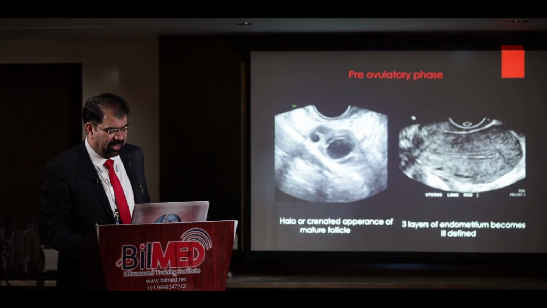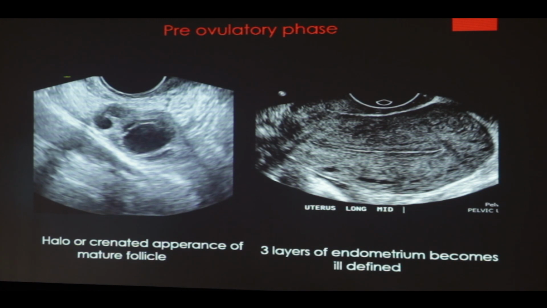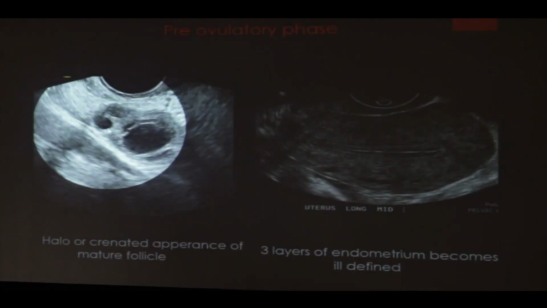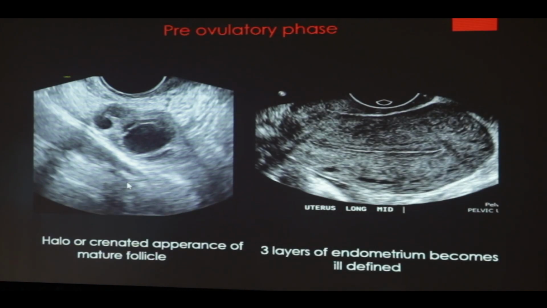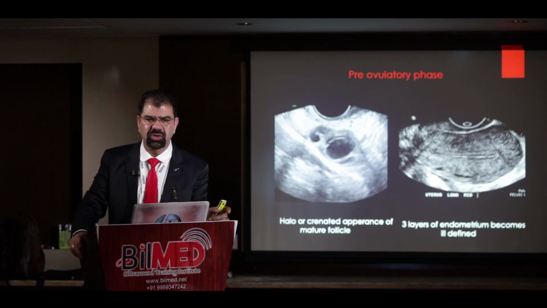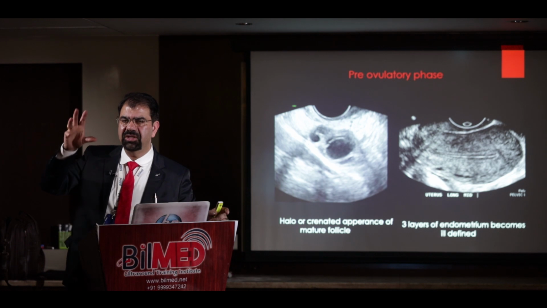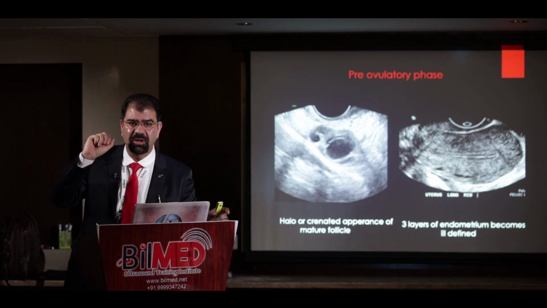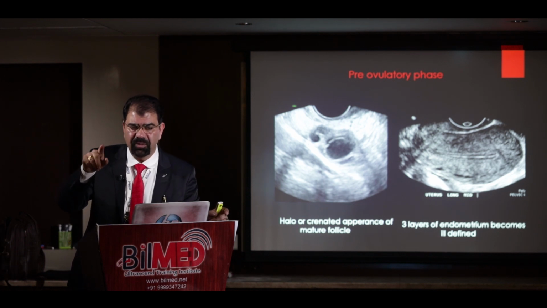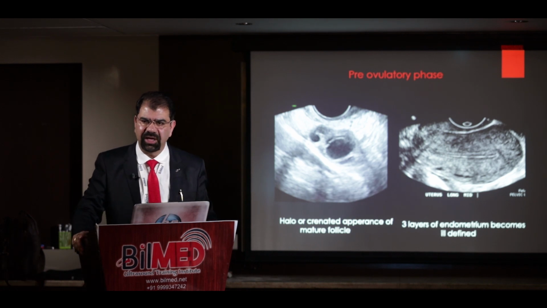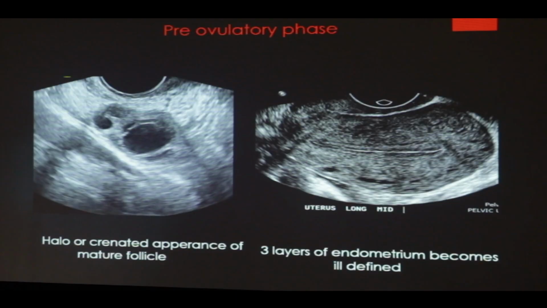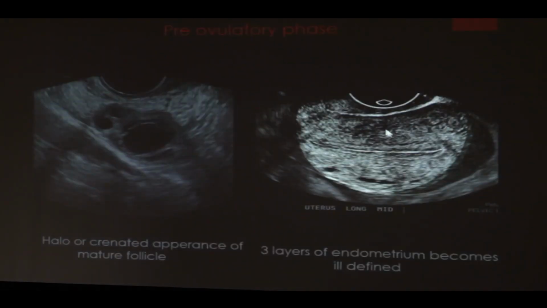So another point which is going in favor of the rupture is the halo. The halo will be surrounding the follicle, and you see a halo and you see an inclination from these irregular margins of this follicle, and if you are able to pick the cumulus oophorus, these are the signs for the rupture. And here I have to go to the endometrium.